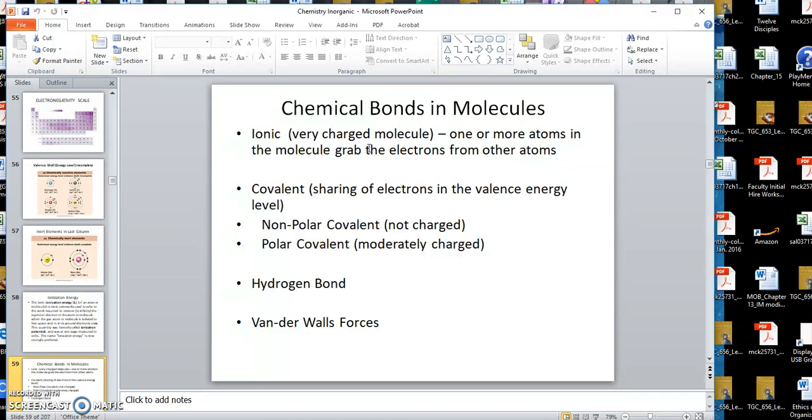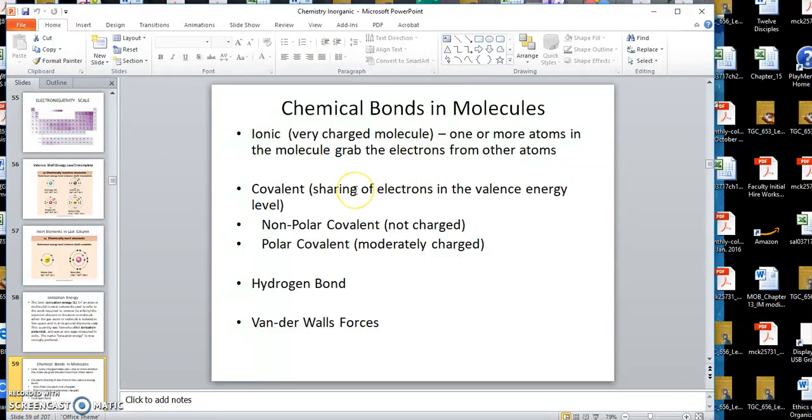They could fill the outer shell, but one is highly more electronegative than the other, so it essentially grabs the electron from the other and puts it around its shell. But when it grabs the electrons, it changes the charge. So the atom that grabs the electrons becomes more negative, and the atom that loses the electrons becomes more positive. Thus, there's an opposition of charge that holds them together.